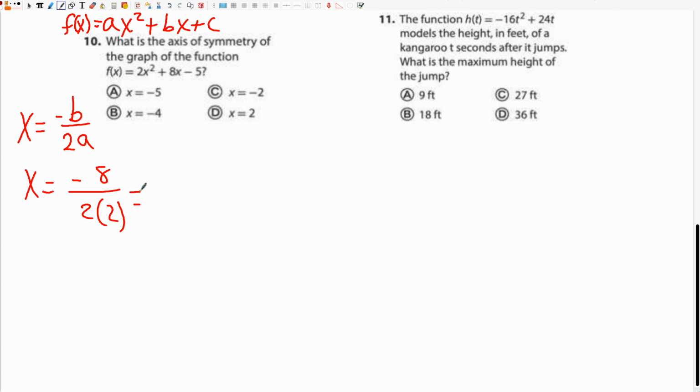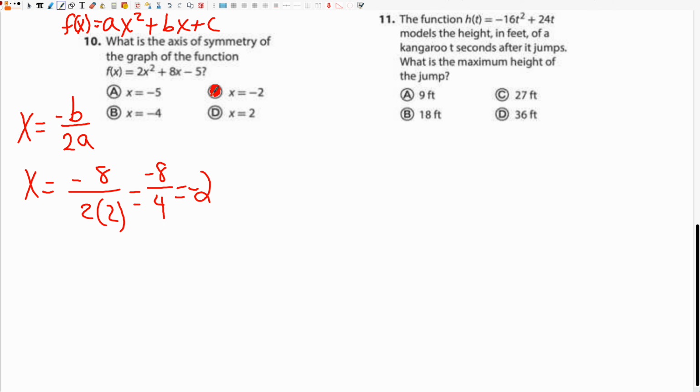So that's negative 8 over 4, negative 2. Okay? So my x value of the vertex is negative 2. So the axis of symmetry would be x equals negative 2. That's not all that hard.